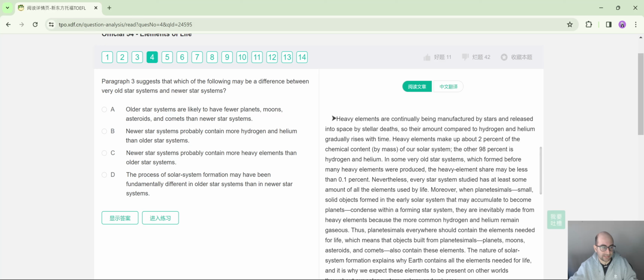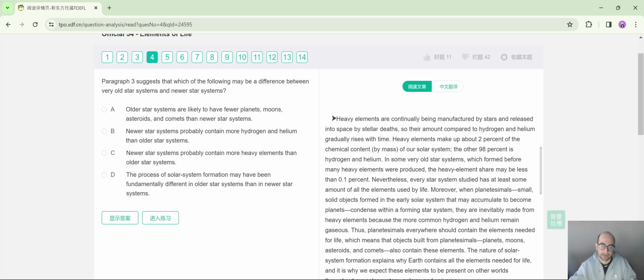Choice C, newer star systems probably contain more heavy elements than older star systems. Is this true? Well, I guess so, because here, where is it? They mentioned that these existed or were created basically before heavy elements were produced. So this is like opposite information, right? So if this happened before they were produced, they probably contained light elements.